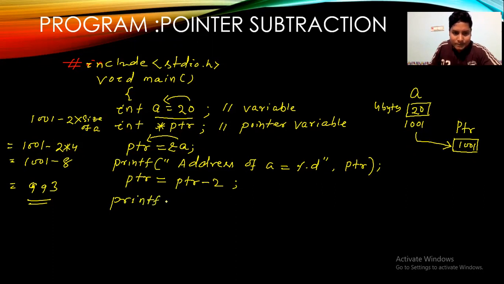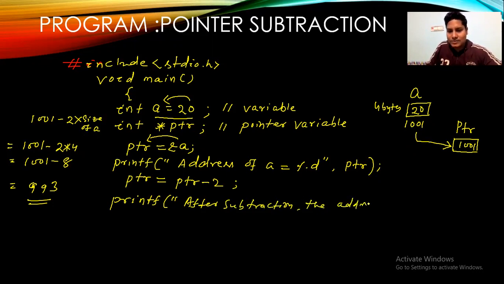So printf("after subtraction, the address of a is = %d", ptr); and the main function is closed. So this is the program for pointer subtraction.